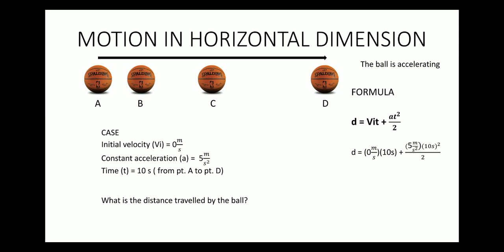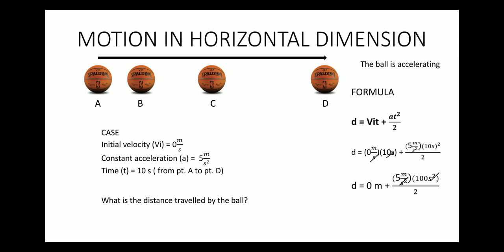Substituting the values: 0 meters per second times 10 seconds plus 5 meters per second squared times 10 seconds squared over 2. If we multiply 0 times 10, cancel s, it is equal to 0. Then we get the square of 10, which is 100, then copy 5 over 2.